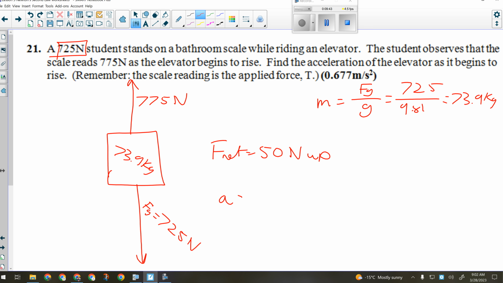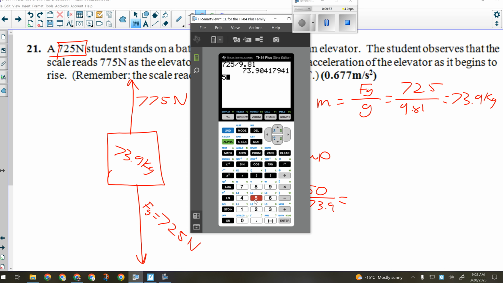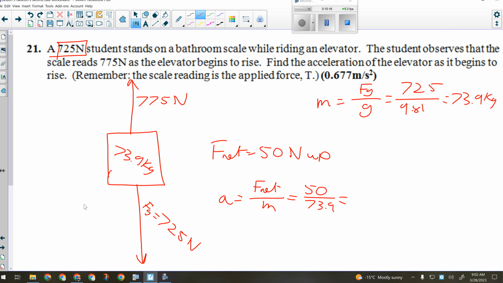Acceleration equals F net divided by m, which I calculated conveniently earlier. 50 divided by 73.9 with all the decimals, and I should get 0.677, because I do have 3 significant digits there, meters per second squared up. That should have a vector on it.